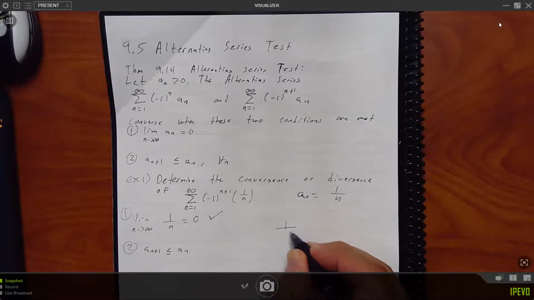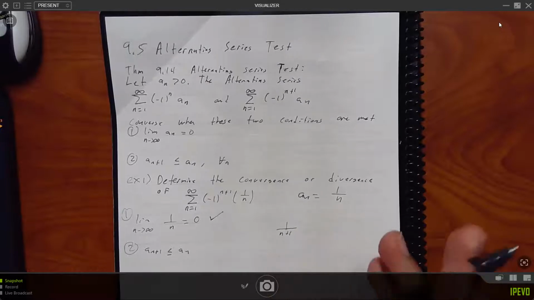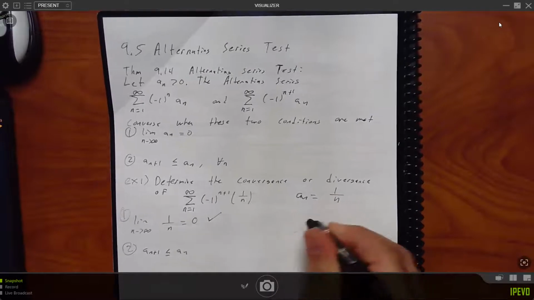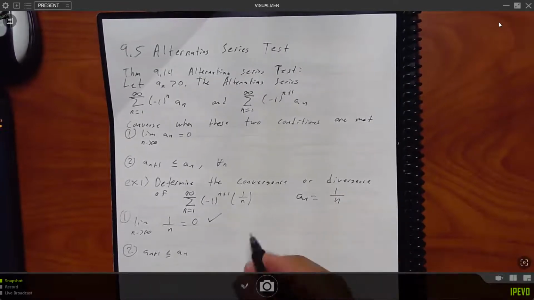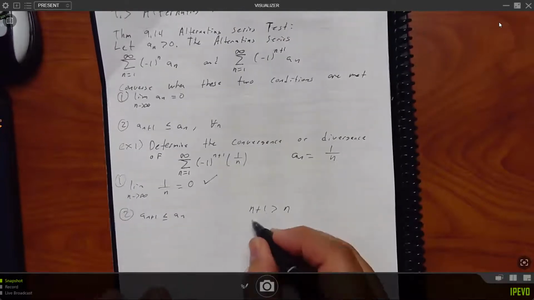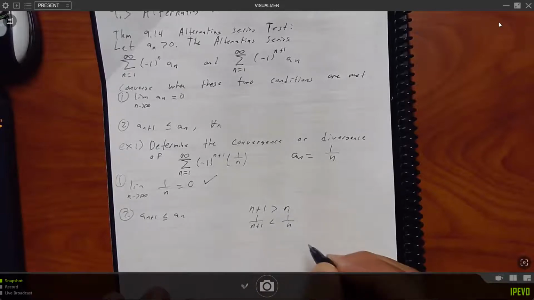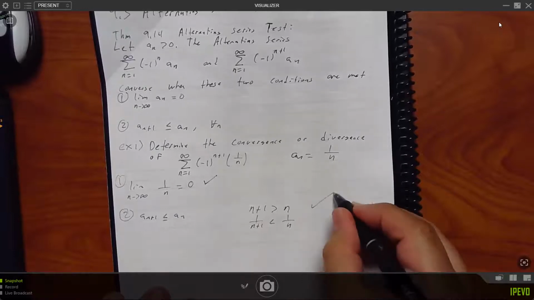Let me prove it to you. Do you agree that n plus 1 is bigger than n? If I take the reciprocal, then I know for sure this is smaller. So yes, number 2 is good.